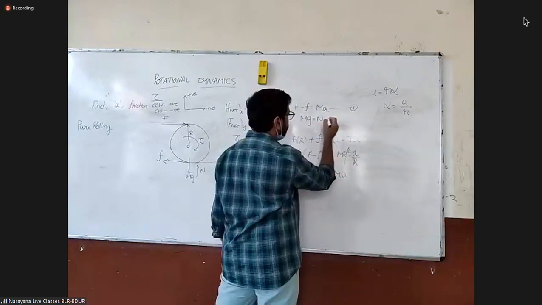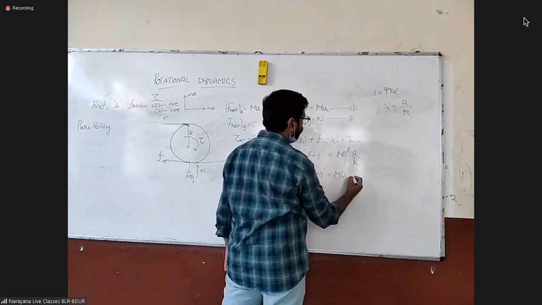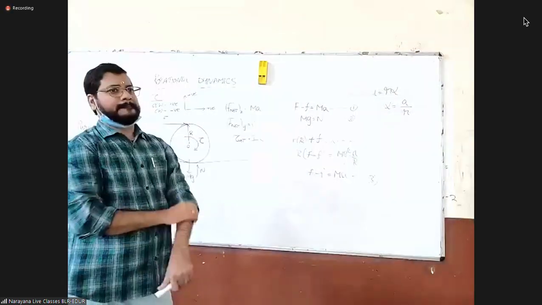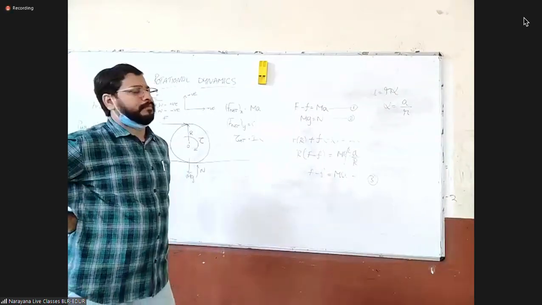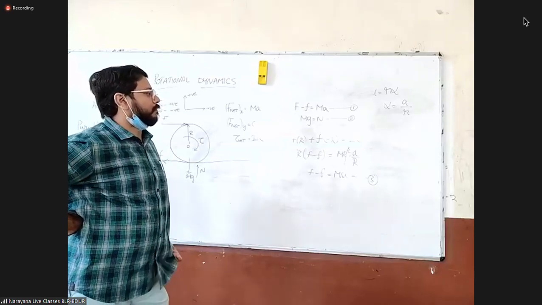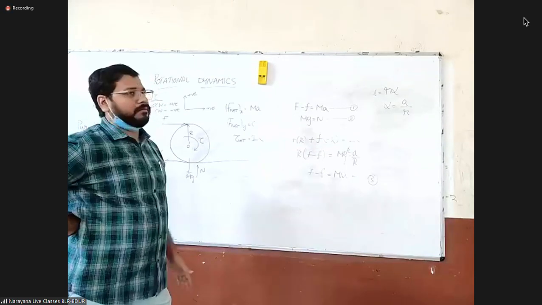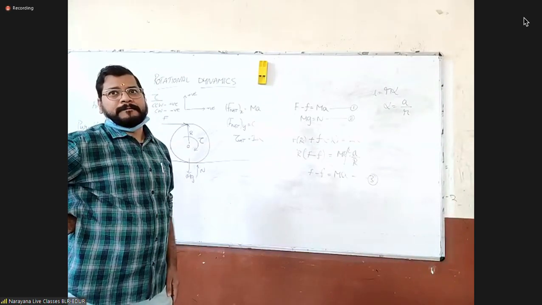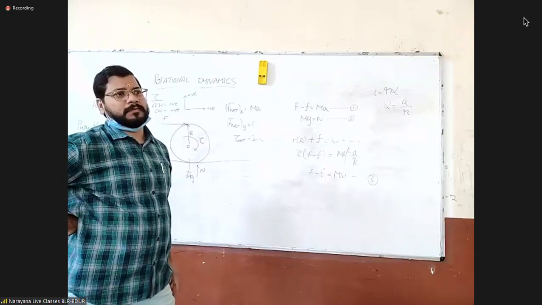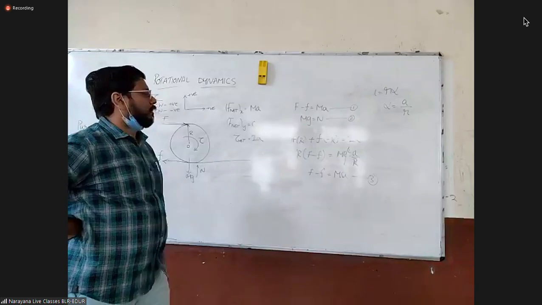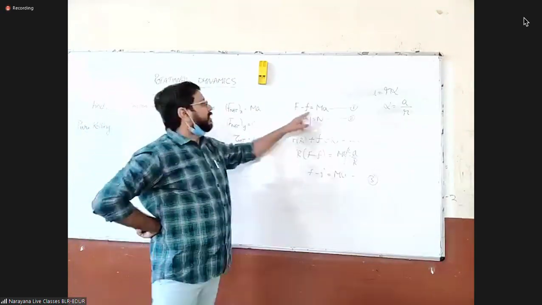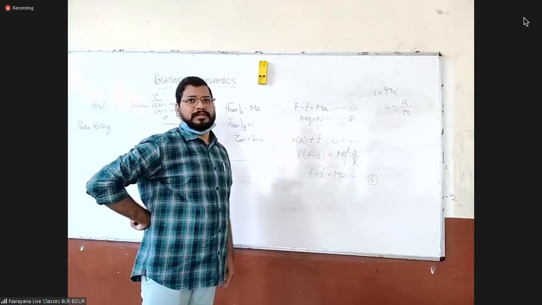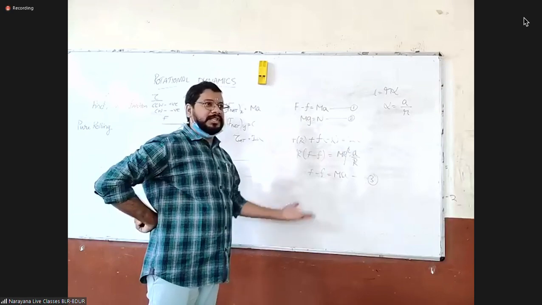Equation 1, equation 2, equation 3. Now you will understand F minus f is equal to Ma. If you add, you will again get F minus f is equal to Ma only.